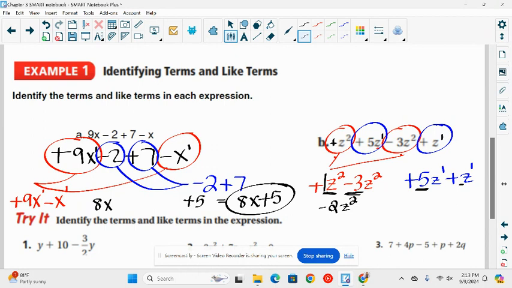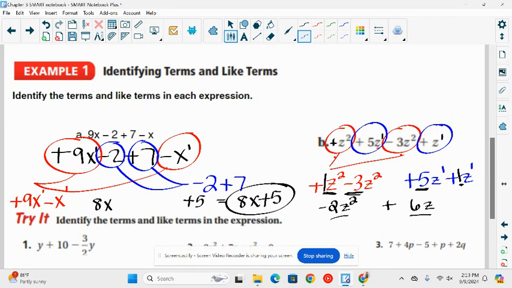Then over here I have 5. What can go in front since we don't have a number right there? An invisible 1. So I have 5 and 1, which gives me 6z. And you've got to put the positive sign. Can I combine those two terms?